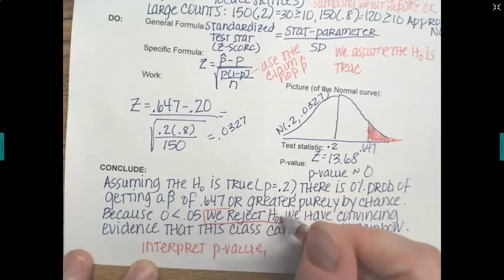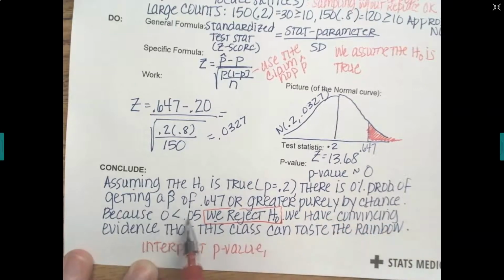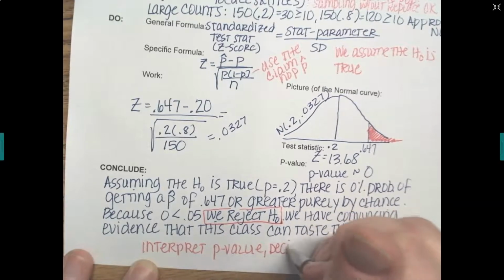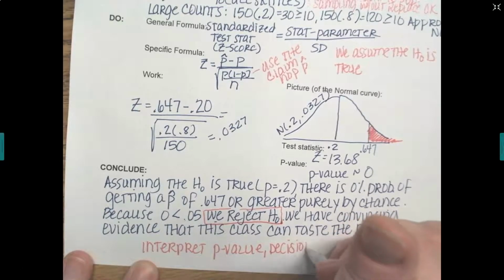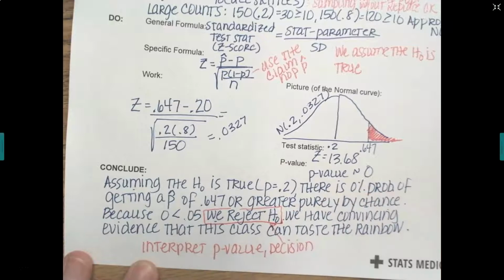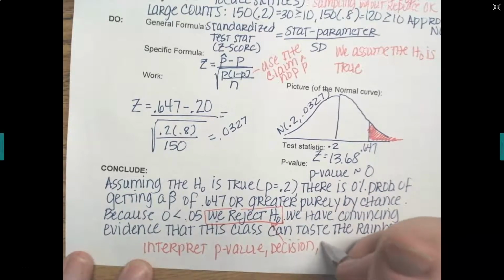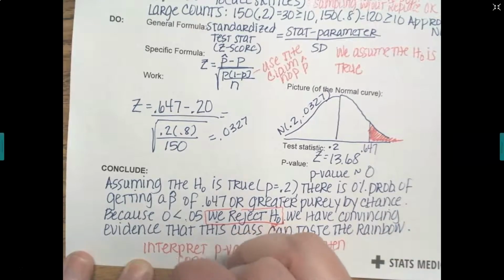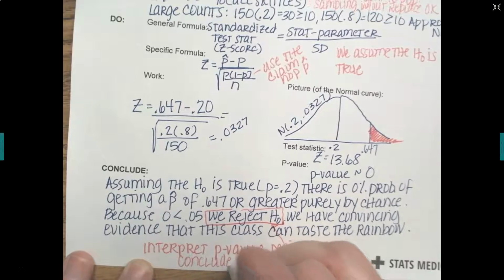Because we're less than the 5%, that means we don't think the claim or the null hypothesis is true, so we reject the null. So that's your decision. And then you have your conclusion about the alternative.